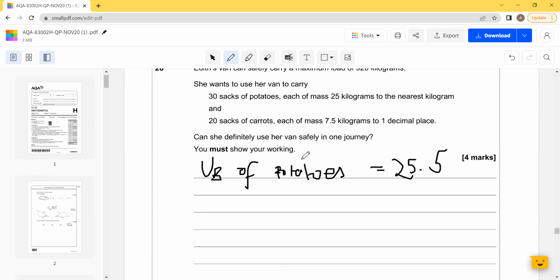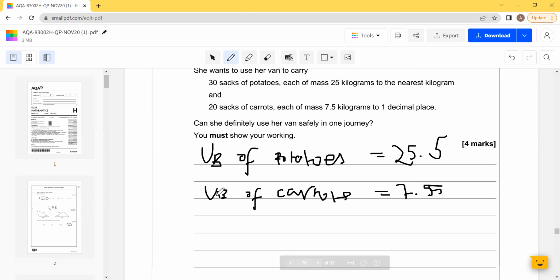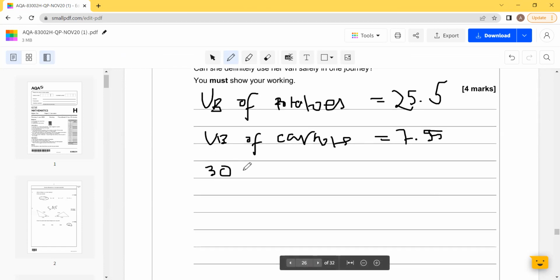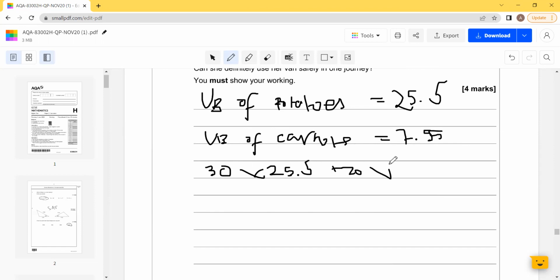Okay. And if you take the upper bound of carrots, if you take this value, we will get 7.55. And now we're going to see what happens if we calculate the total weight. So now if we do 30 multiplied by 25.5 plus 20 multiplied by 7.55, then we want to see what we get.